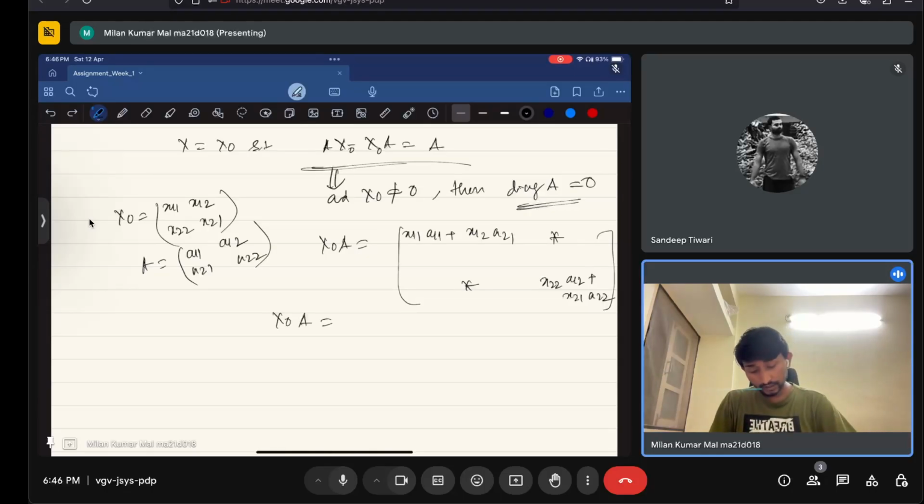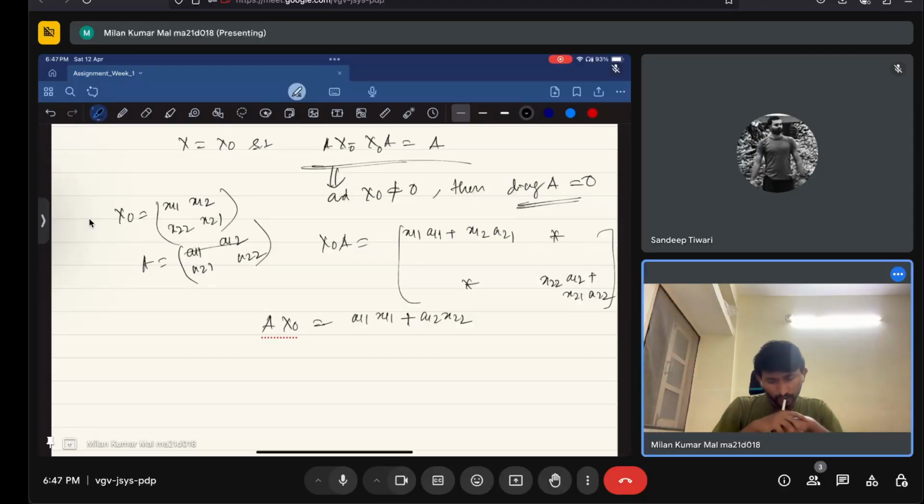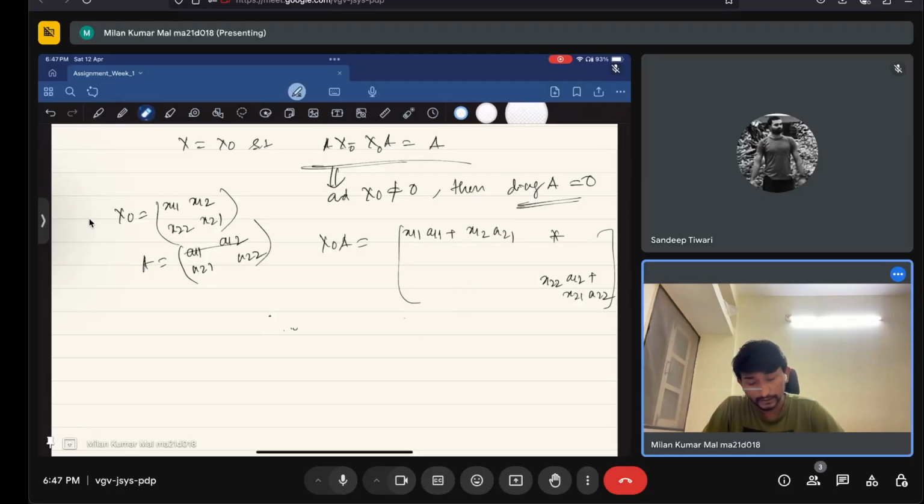So what is A X naught? That equals A11 x11 plus A12 x22. No, I was wrong. Sorry, I am making some mistake. So let's compute it completely, that would be better.